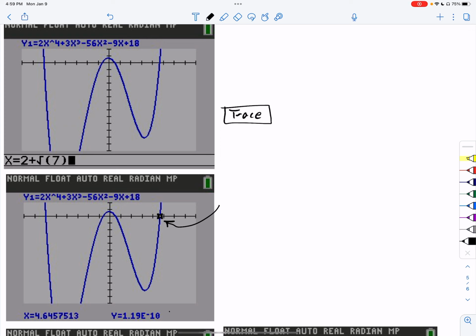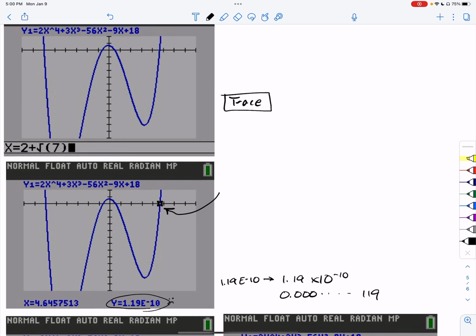Now, this is kind of goofy, and it happens sometimes on the TI-84, but just remember, this is round-off error. For all intents and purposes, 1.19 e -10. Well, that's just 1.19 times 10 to the -1 times 10 to the -10th, which is ridiculously tiny, and that's how we know it's a round-off error. It's basically 0.